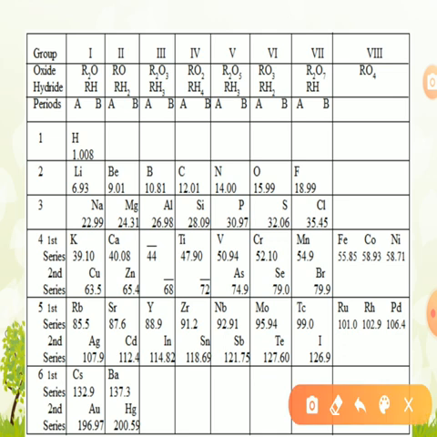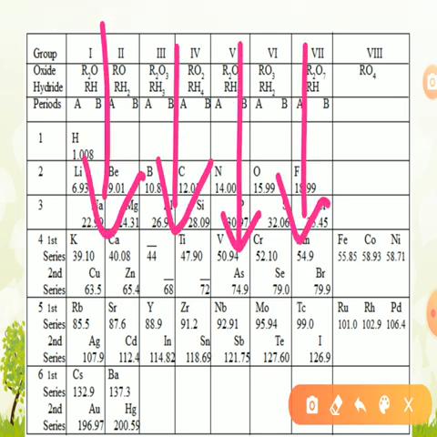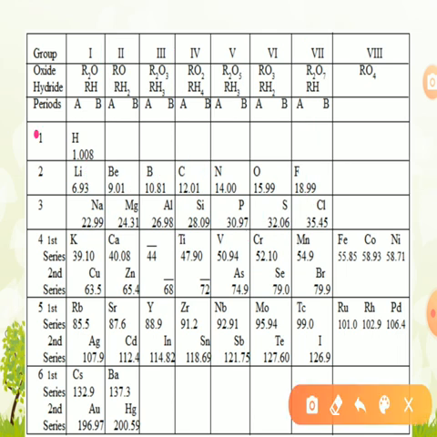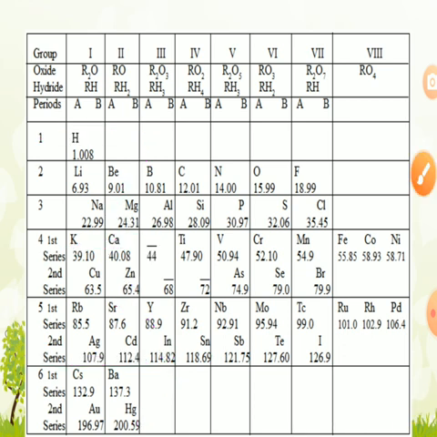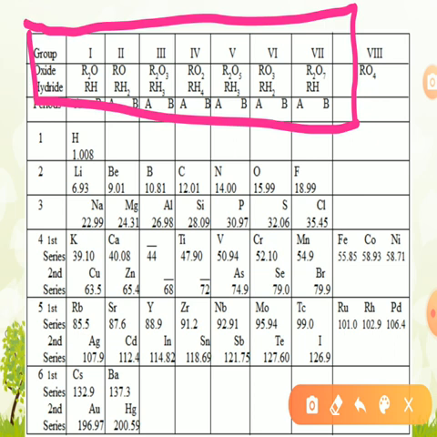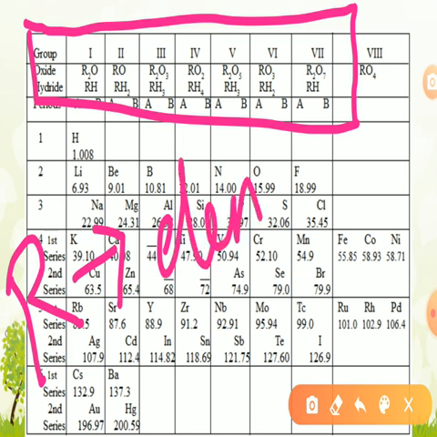See, these are the groups, shown vertically, and these are the horizontal periods. And this is the formula for oxides and hydrides, where you will replace R with the elements.